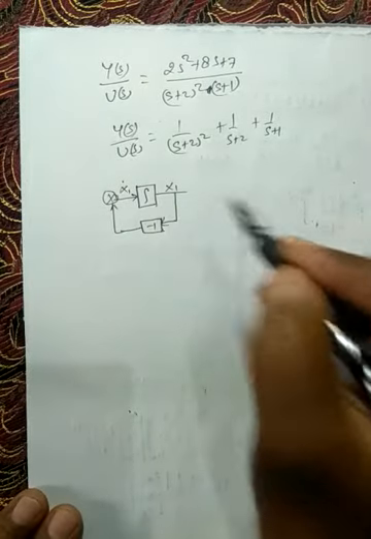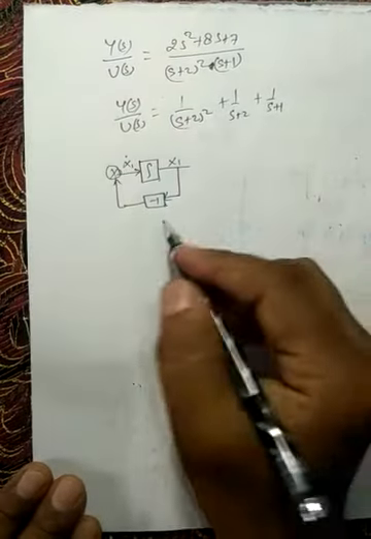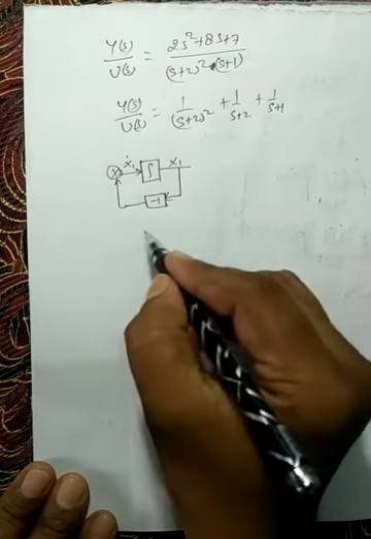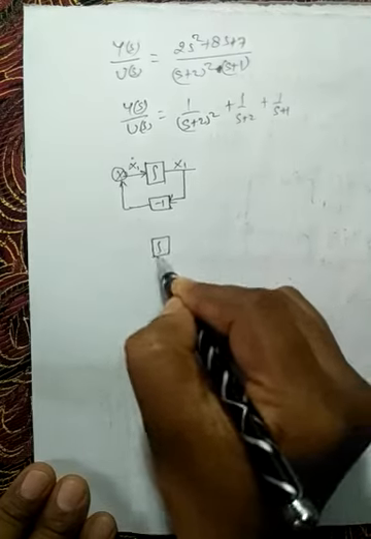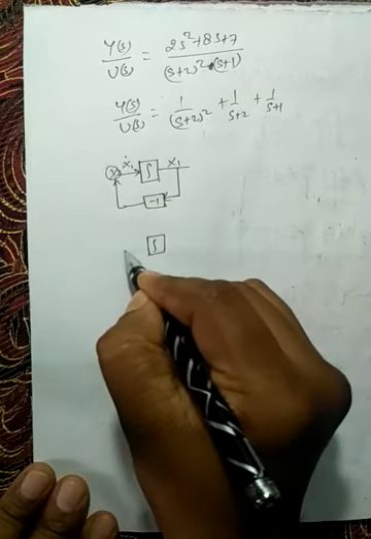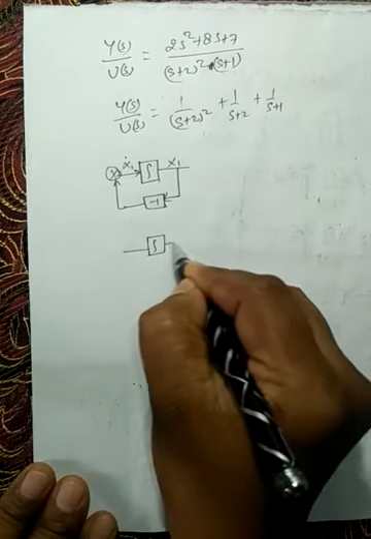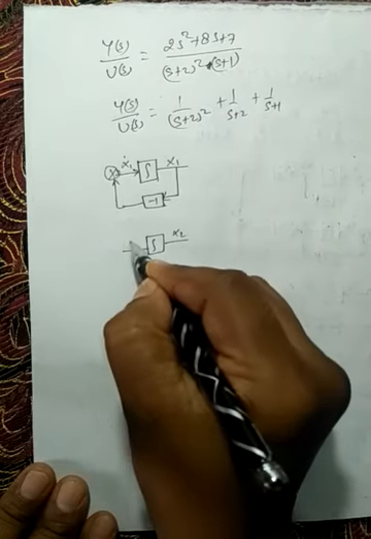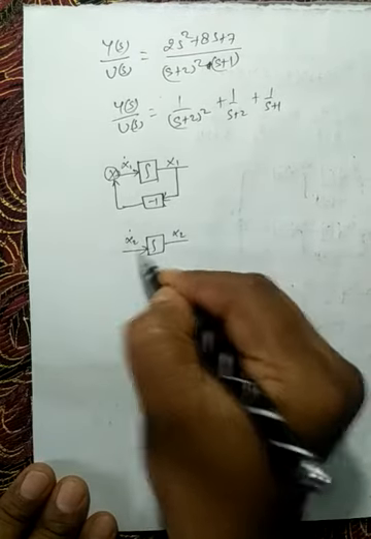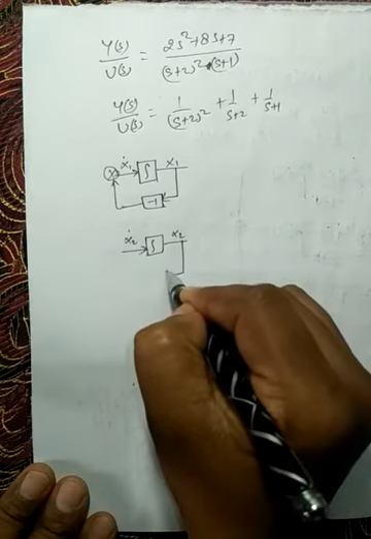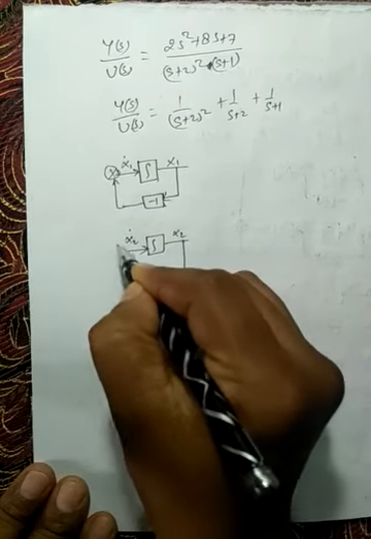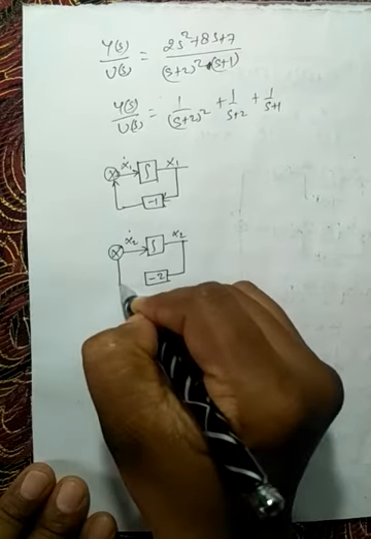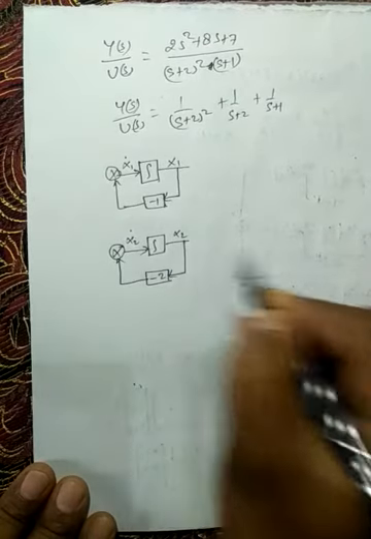Then another integrator. Here we have x2 and here x2 dot. From here I have a gain feedback of minus 2 and it is added here. Okay.